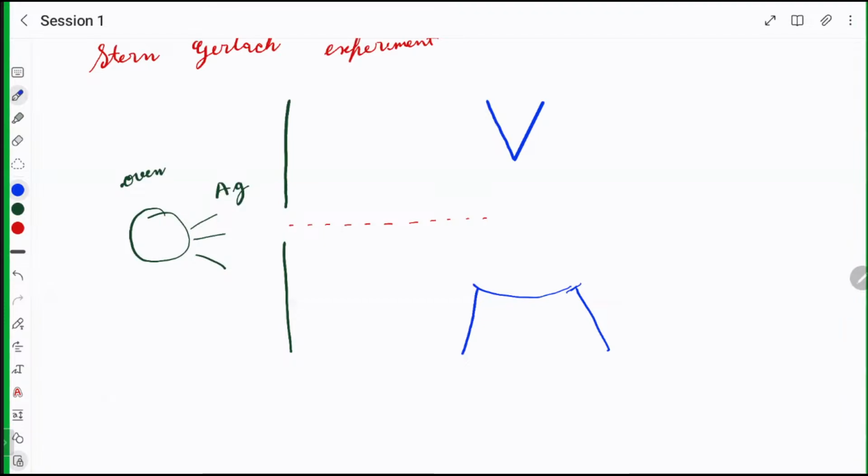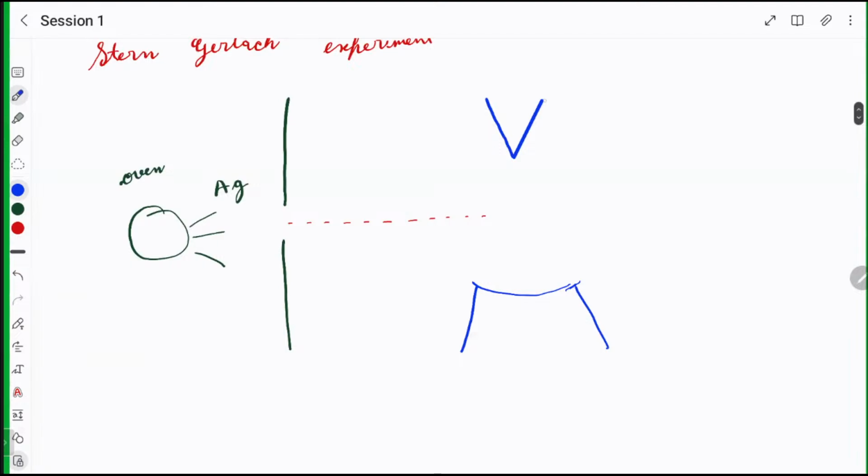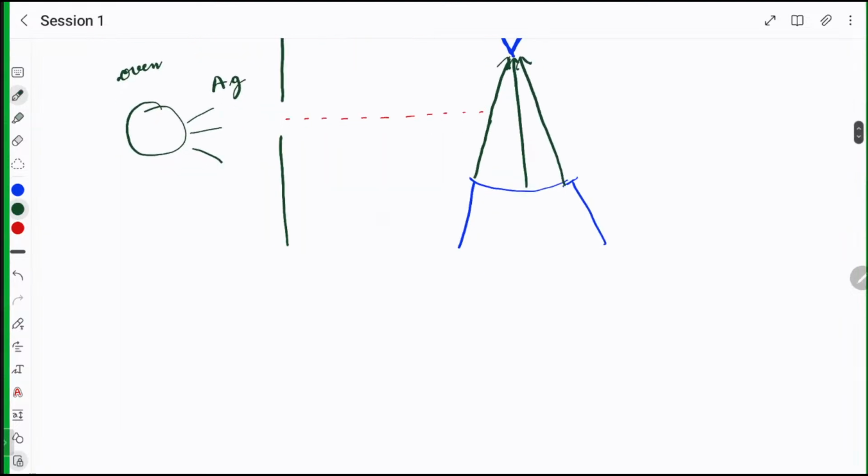But here we have electromagnets where one pole piece is very sharp like this and one is broad. So as a result of this, the field lines would look something like this, and the magnetic field would be highly inhomogeneous.